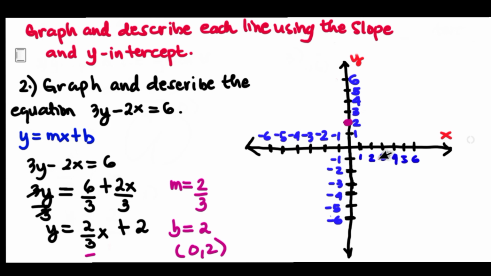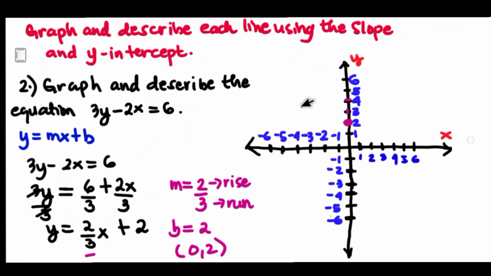And then, it says here that the numerator is the rise and 3 is the run. The rise is positive, so we go up 2. So, 1 and then 2. And then the run, positive 3 to the right.